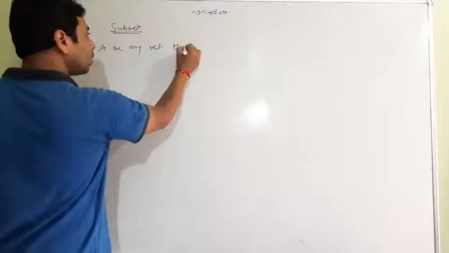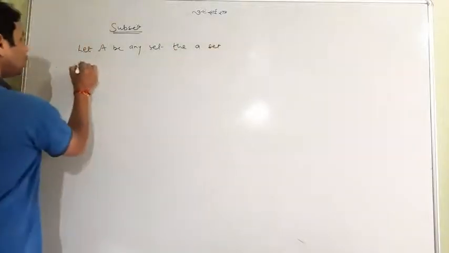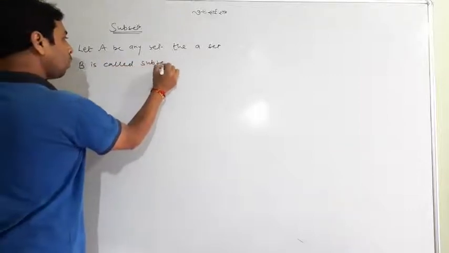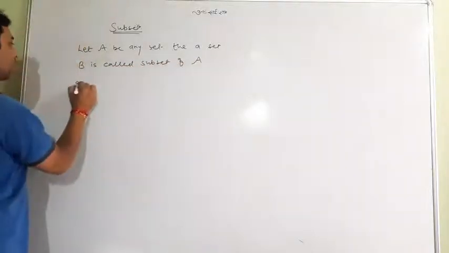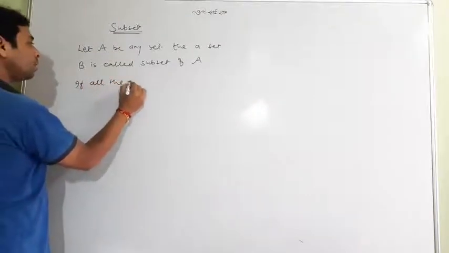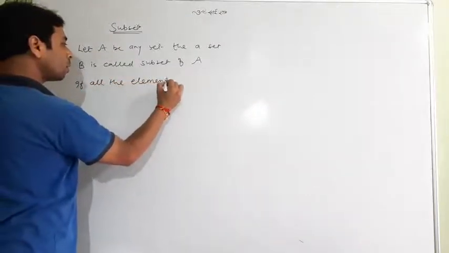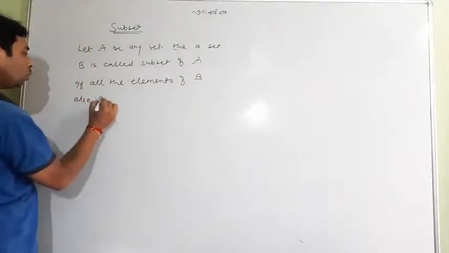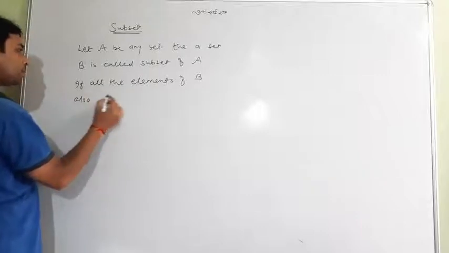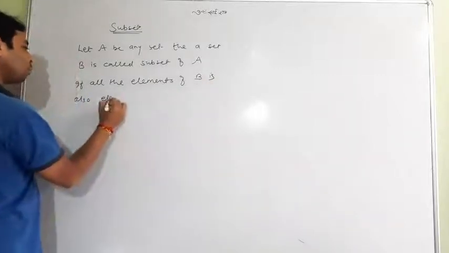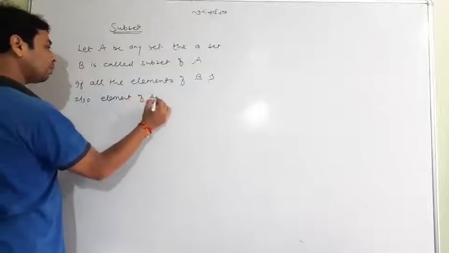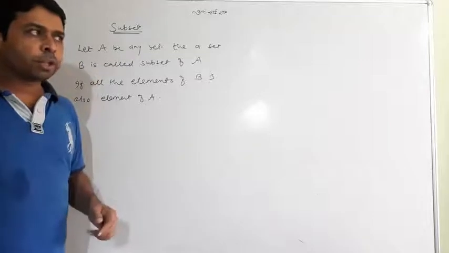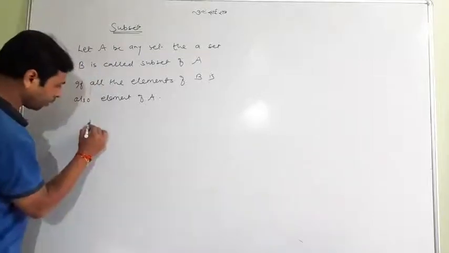Then a set B is called a subset of A if all the elements of B are also elements of A. This is very simple. Even though I have written 4 lines, when I tell you the meaning, you will get it so easily. Look, I'll put an example.